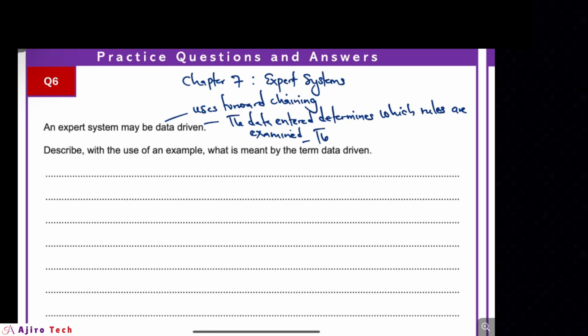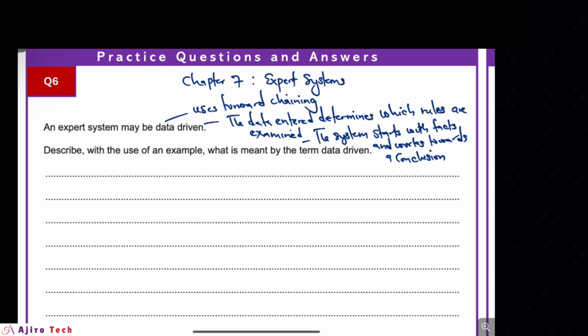So the system starts with facts and works towards a conclusion.